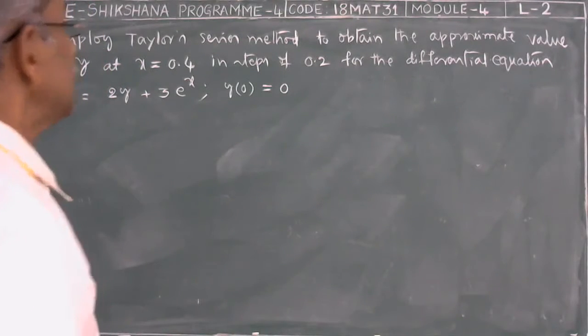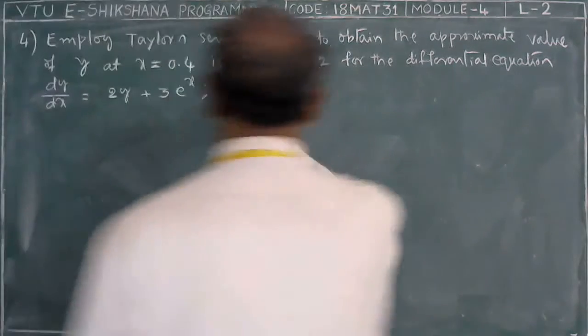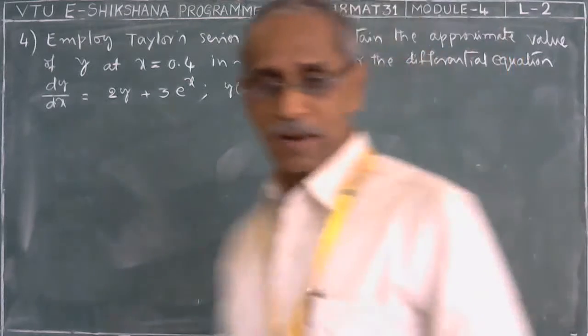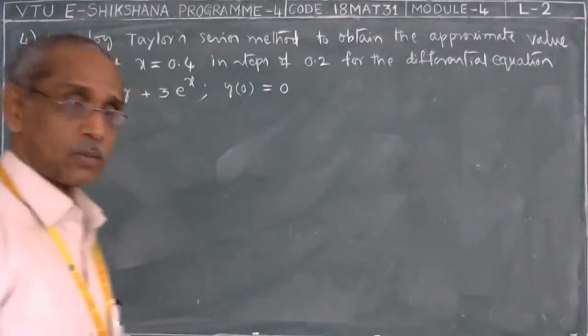So there is the problem. In steps of 0.2 starting from 0, x naught is 0. That is h. Given h is 0.2.